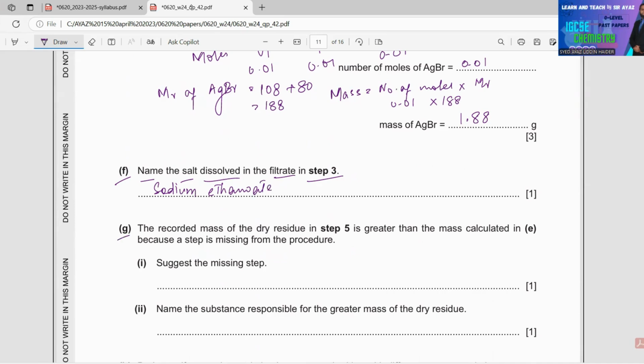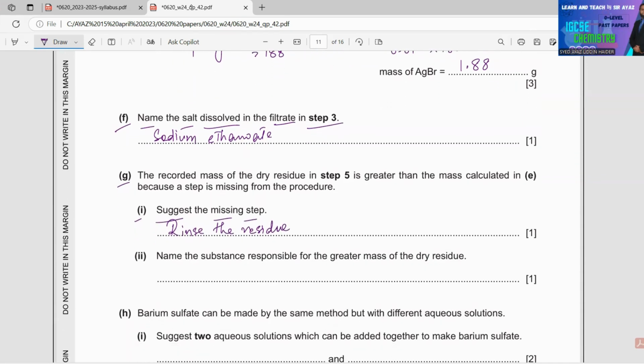Part G. The recorded mass of the dry residue in step 5 is greater than the mass calculated in E because a step is missing from the procedure. 1. Suggest the missing step. You have to rinse the residue. The residue must be rinsed in order to get the correct mass of the residue.